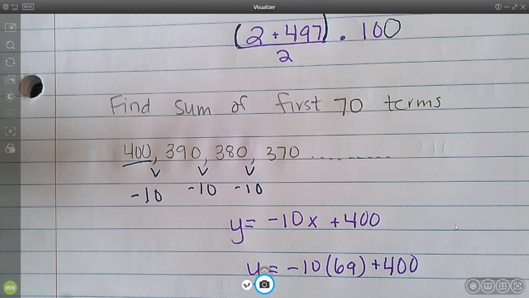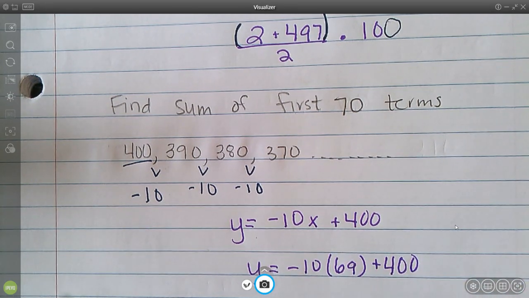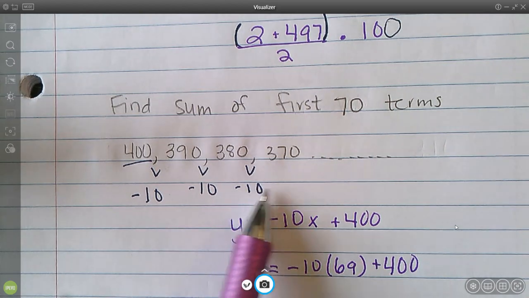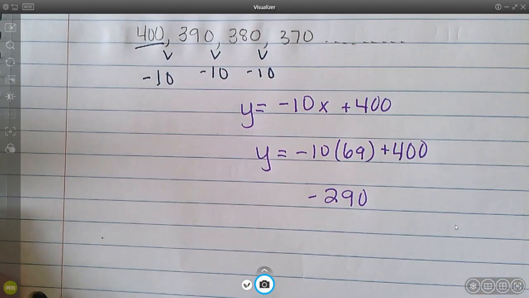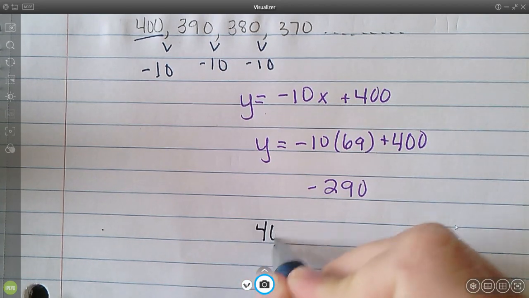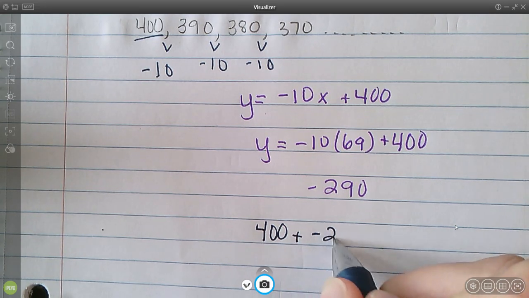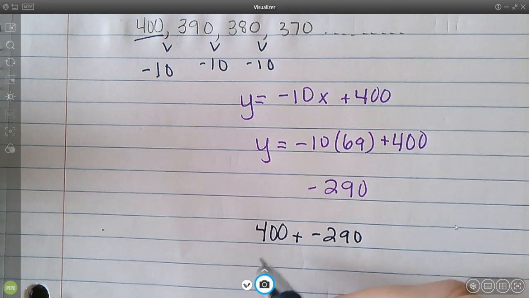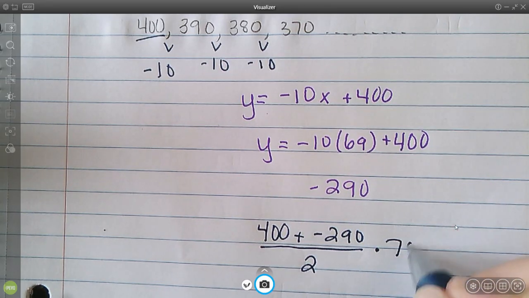If I plug that in, I get negative 290, which makes sense. If this is going down every time, you can have negative numbers. That's perfectly fine. Now we need to take our first number, 400, plus our second number, plus a negative 290, or you can just do minus 290, divided by 2 times your number of numbers, so times 70.